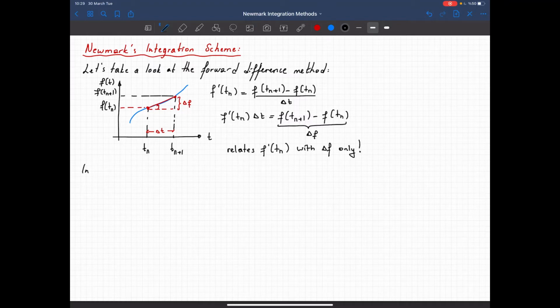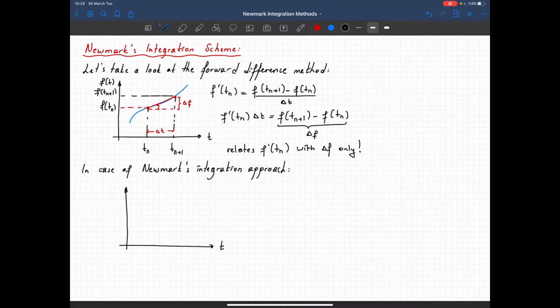So in case of Newmark's integration method, I will draw the same figure. Again, that's Tn plus 1.